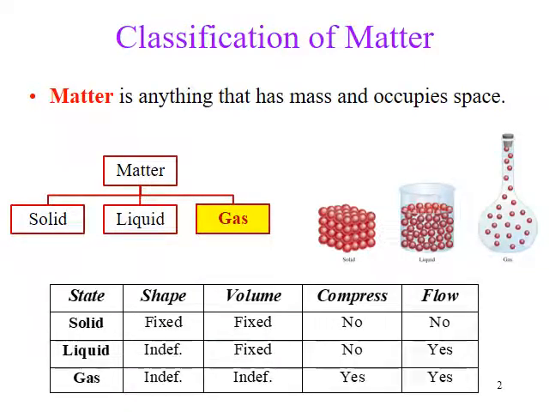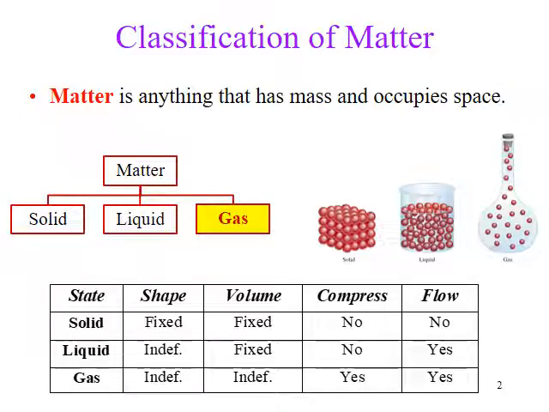Just a quick reminder: the molecules in a solid are very closely and compactly packed around each other, whereas in liquids the molecules have some tiny spaces between them, and in gas the space between the molecules is comparatively a lot bigger.